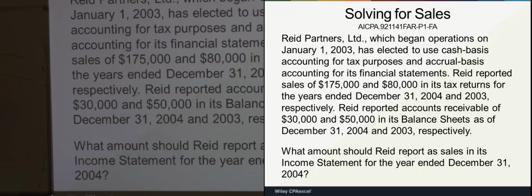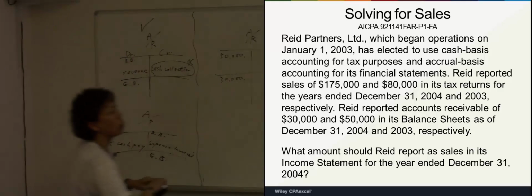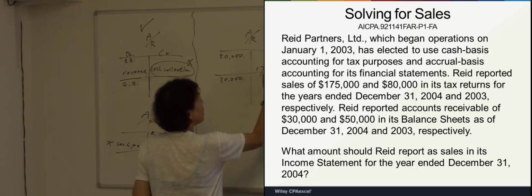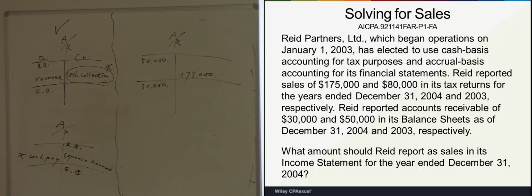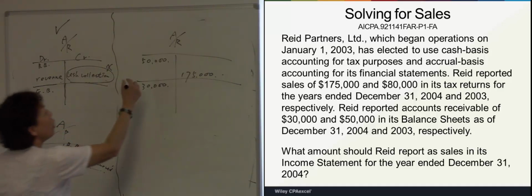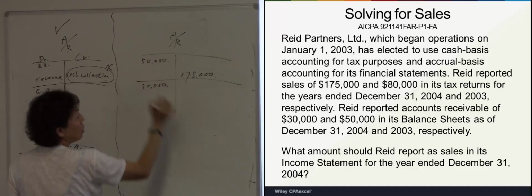And the cash collection appears on which side? The credit side. So we put 175,000 here.